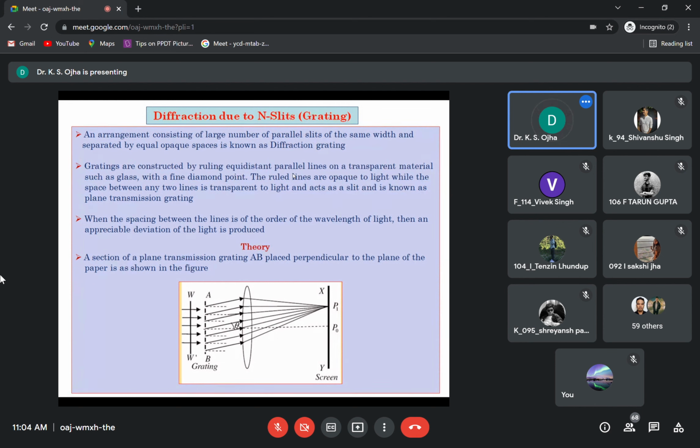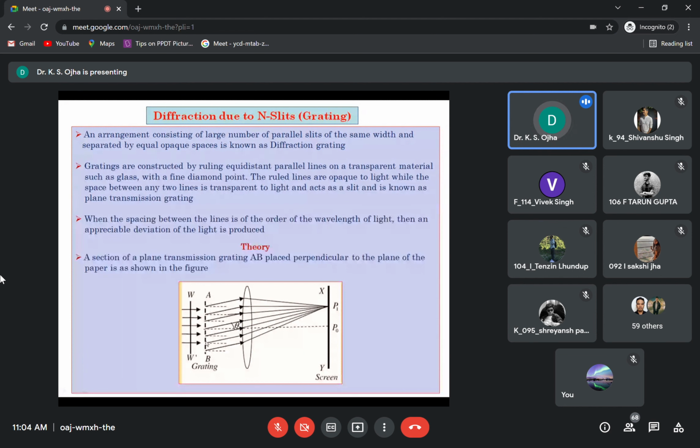So you will see this figure. We have used the same figure that I discussed in the single slit. The only difference is that we are using n slits of equal width. There is a dotted line AB.